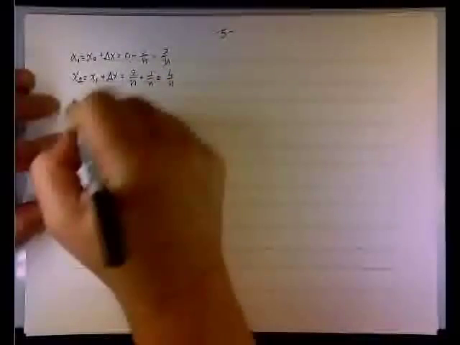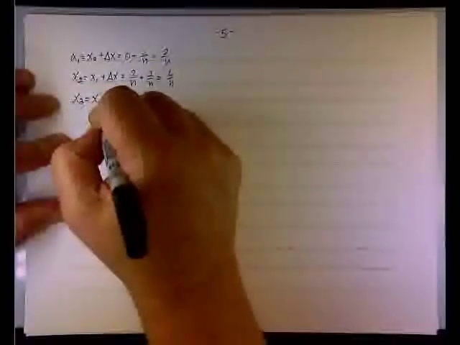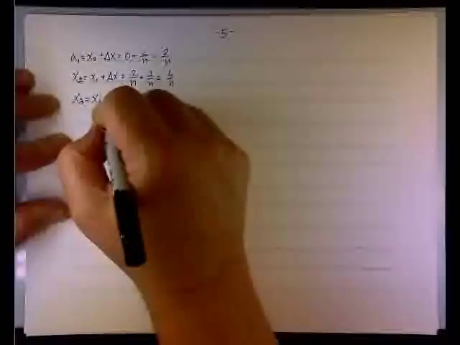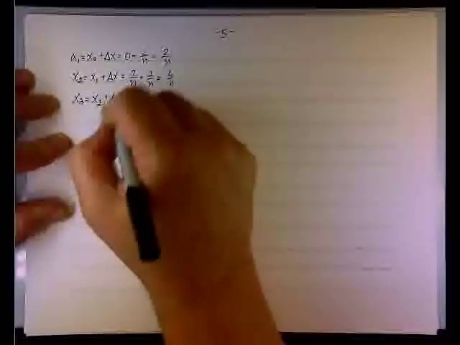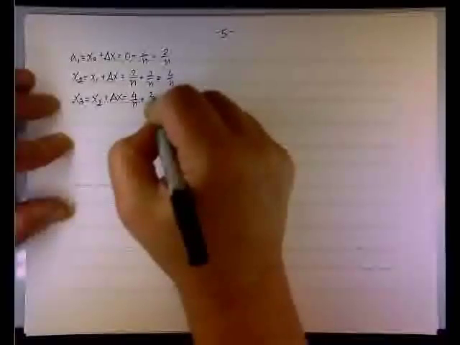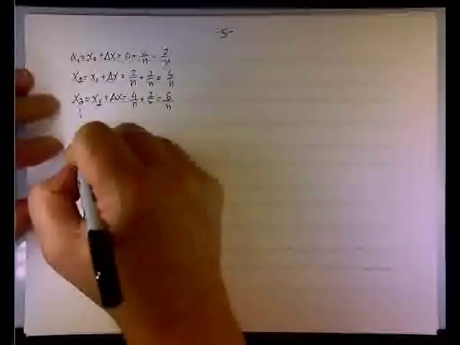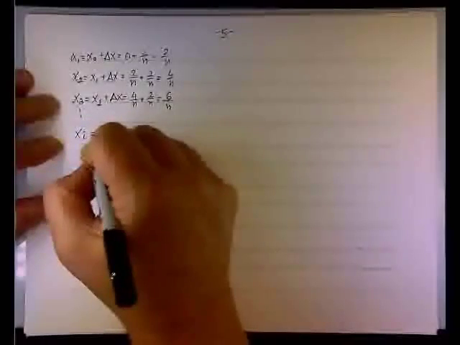By now you already know what will be the pattern, but let's take one more step. X sub 3 is x sub 2 plus delta x, or 4 over n plus 2 over n, and it's 6 over n.